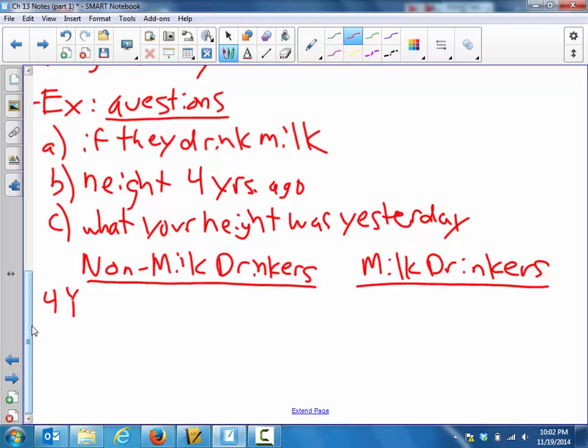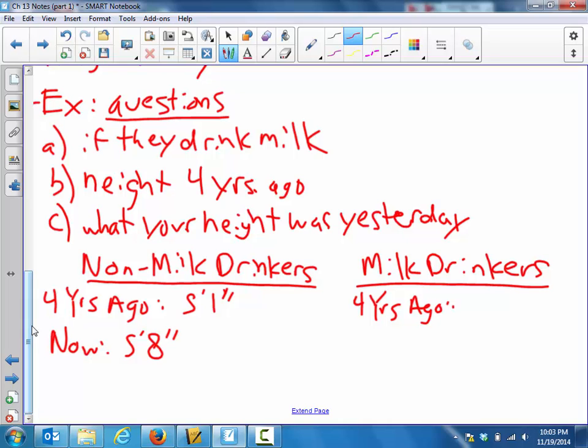So 4 years ago, maybe the non-milk drinkers averaged 5'1". Maybe now their height is 5'8". And the milk drinkers, on the other hand, perhaps 4 years ago had an average height of 5'2", comparable to the non-milk drinkers, and now their height is a larger 5'11".